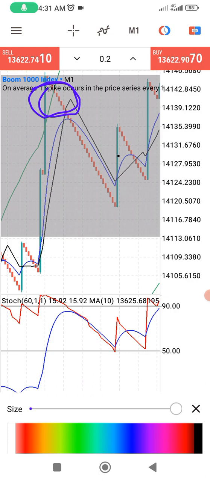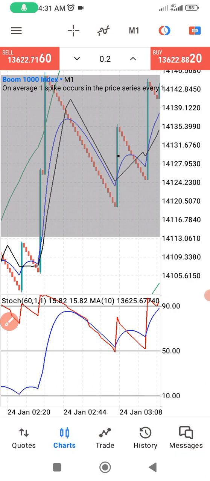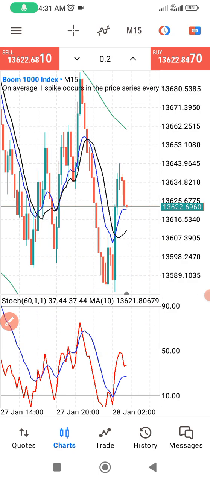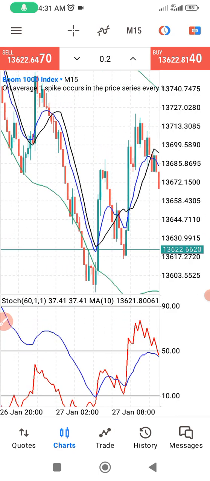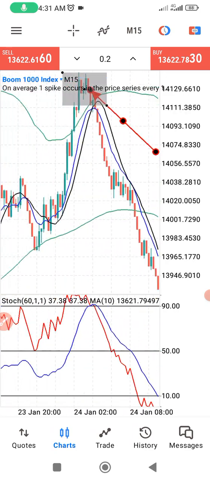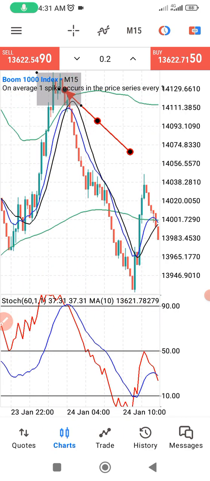So with all of this confluence, we make our entry in 15 minutes. Can you see? Very perfect, isn't it?